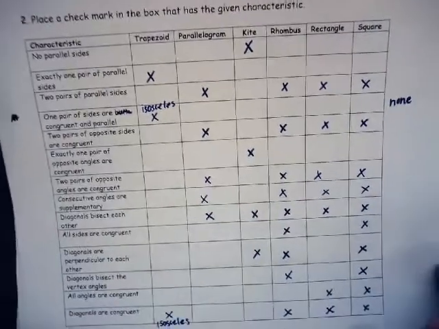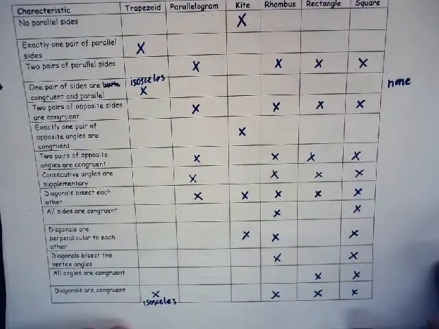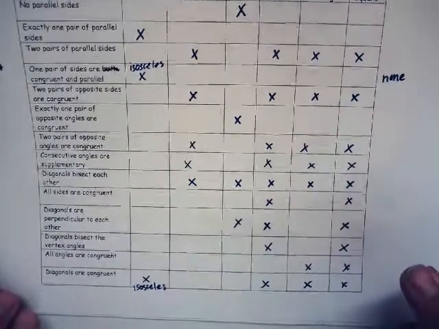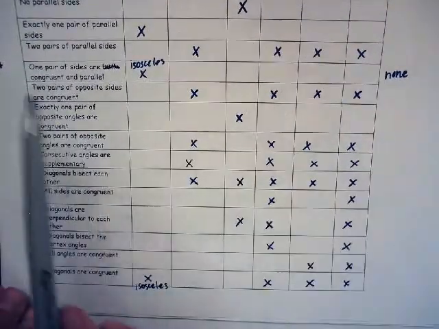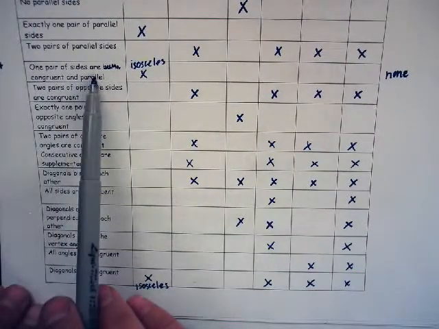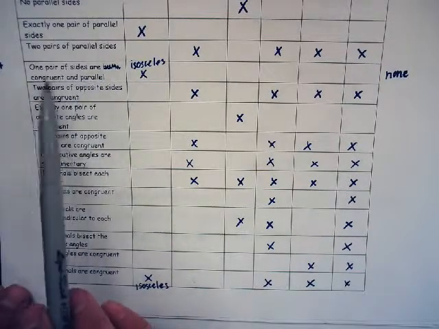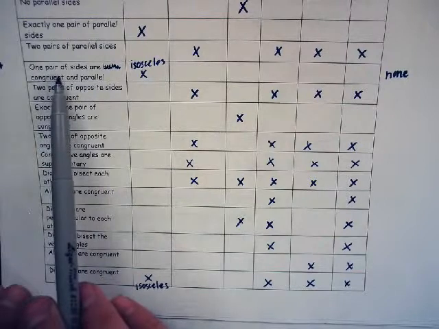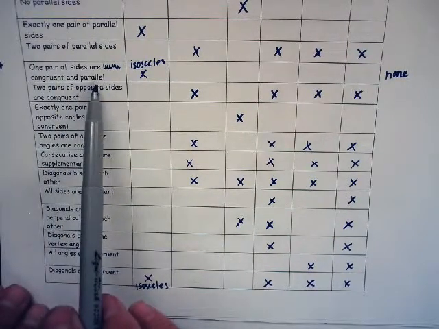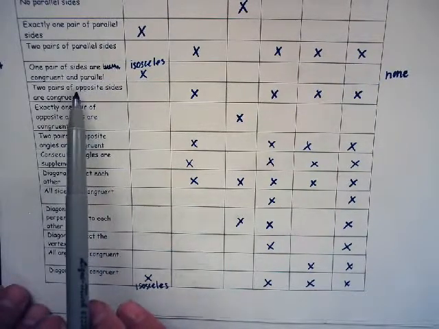Okay, here are the answers. And each of these answers can be explained by looking back at your notes. One thing I did say, one pair of sides are congruent and parallel. I changed this one because there was nothing that fit that, because parallelograms, rhombuses, rectangles, and squares all have two pairs.